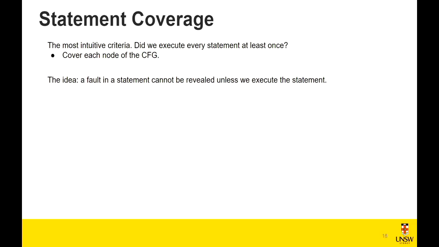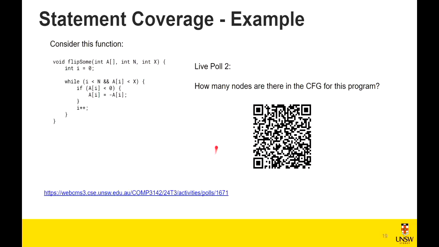The basic idea is that we can never find a bug in a statement if we never exercise that statement. The coverage is described as the number of covered statements divided by the number of total statements. That is quite straightforward.